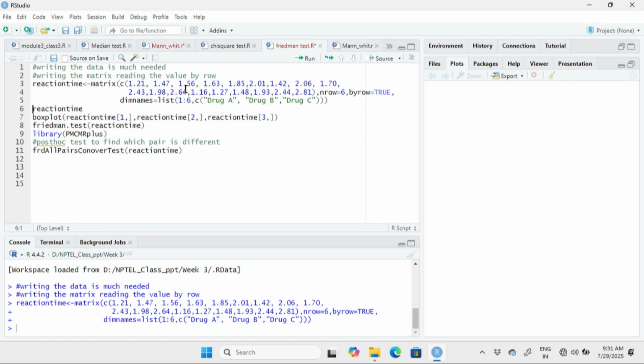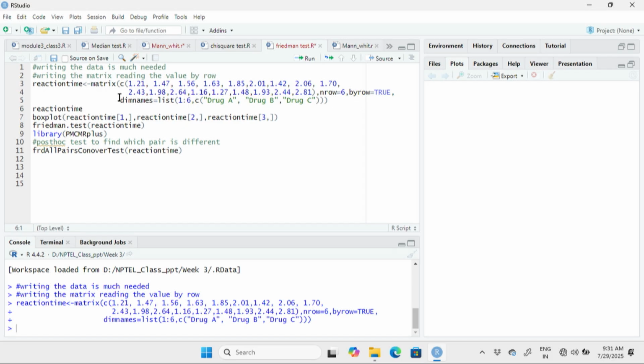These will be the first row, followed by 1.63, 1.85, 2.01. That will be your second row. So, byrow is TRUE. That means you are instructing R to form the matrix across the row. Row-wise reading is done. Okay.